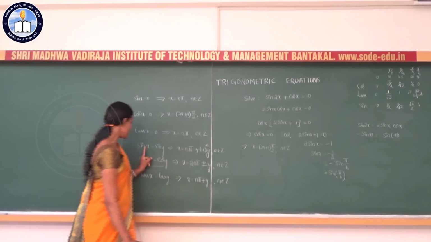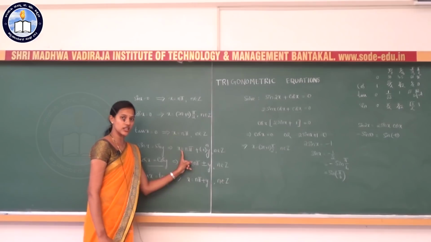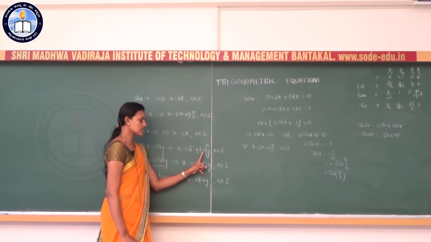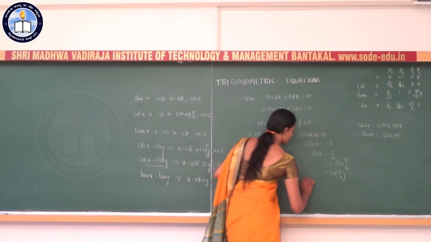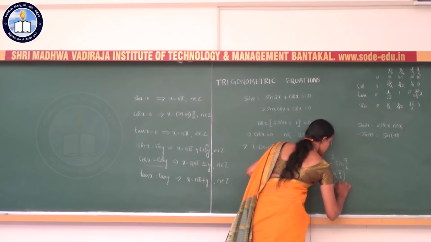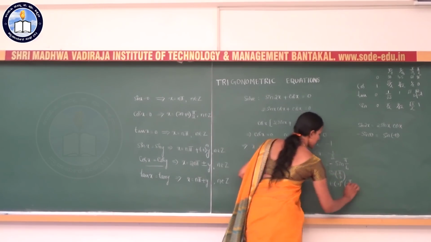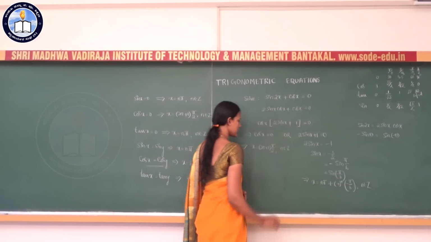So we can use: sin x is equal to sine y implies x is equal to n pi plus minus 1 to the power n into y. So here x is n pi plus minus 1 to the power n into minus pi by 6, where n is an integer.